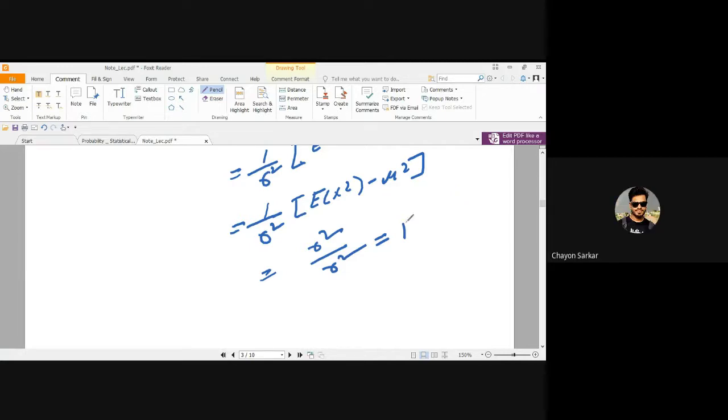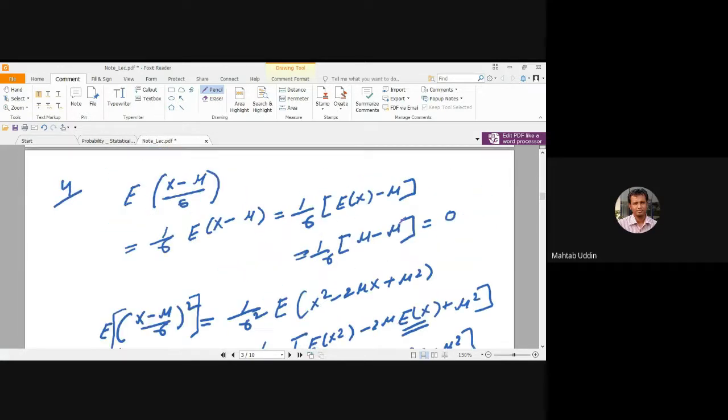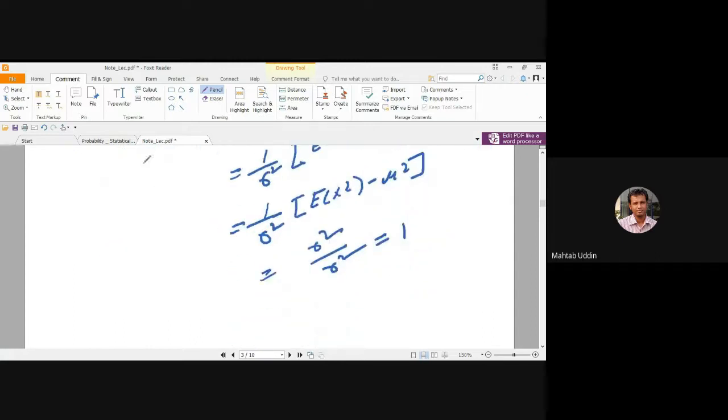One thing we'll consider: let z equal to (x minus mu) by sigma.